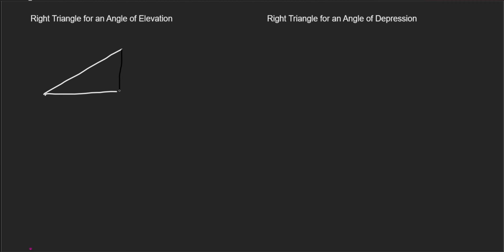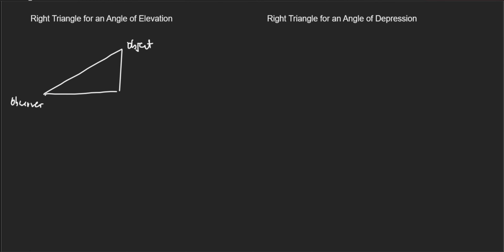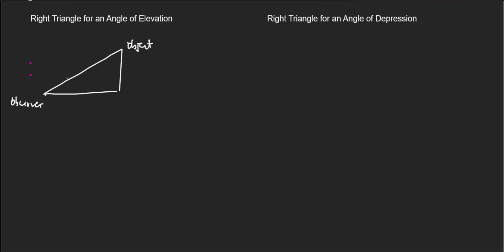Here we see the observer, and here we also see the object. The line of sight is the hypotenuse.